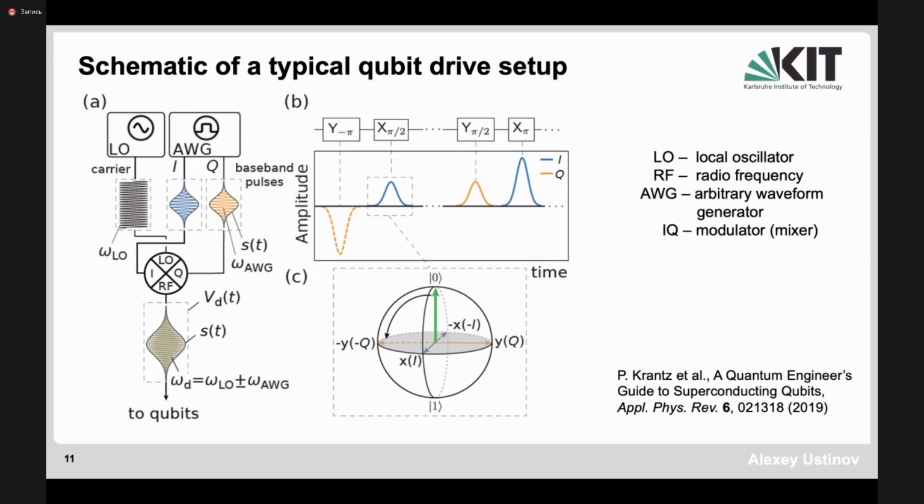So the conventional heterodyne scheme of sending and receiving radio signals uses a nonlinear element, a mixer, in combination with a local oscillator. And if you apply a local oscillator to a mixer, and then you add the intermediate frequency tone or intermediate frequency digital profile, this profile or tone is being, as people call it, up-converted.